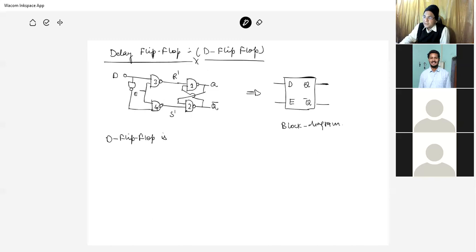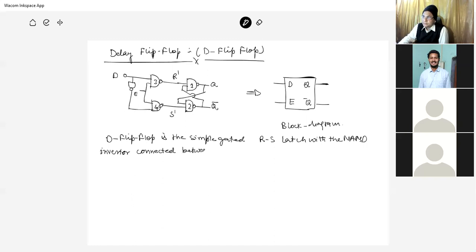D flip-flop is the simple gated RS latch with the NAND inverter connected between two inputs S and R. So this is the inverter NAND.